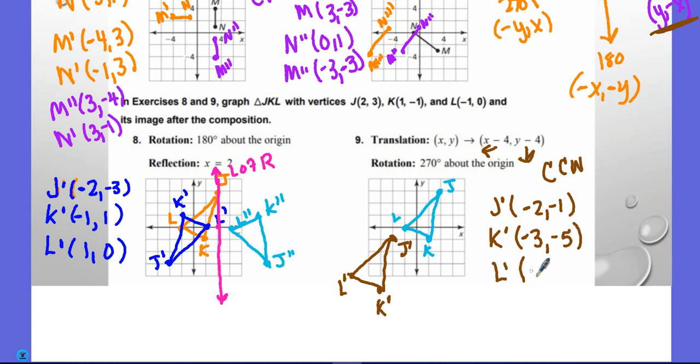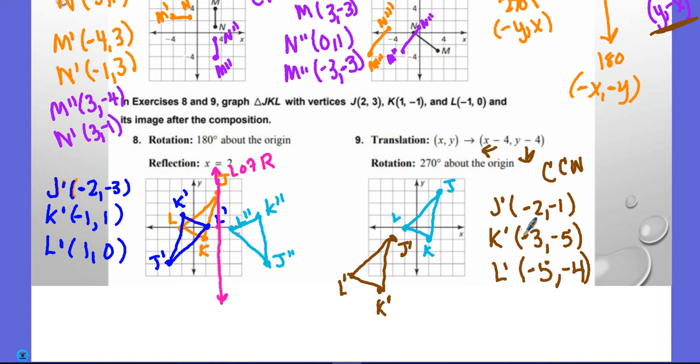L prime: one, two, three. 1, 2, 3, 4, 5, and then 1, 2, 3, 4. So -5 and -4. Alright, so I got that taken care of.